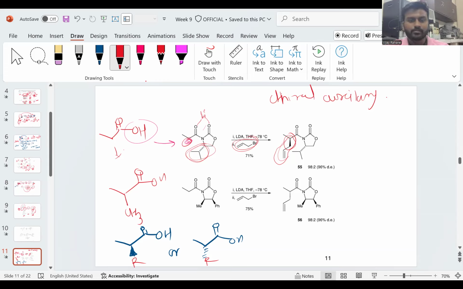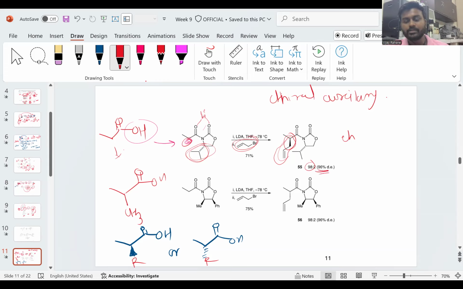This is a very simple and basic example of the chiral auxiliary, and you can see how beautifully we were able to get about 98% of the product, in which this entire group is attached at the beta position, right?